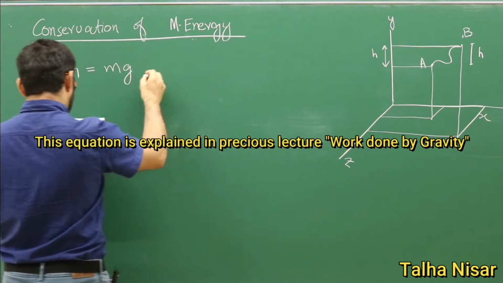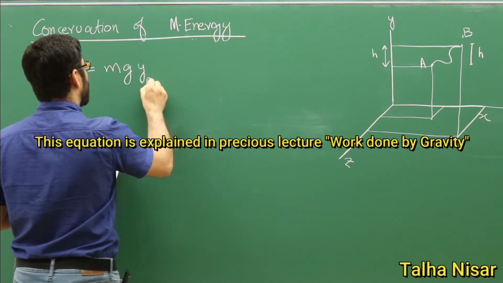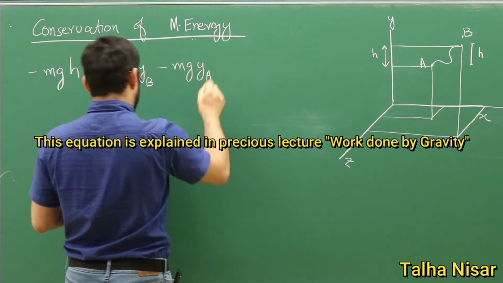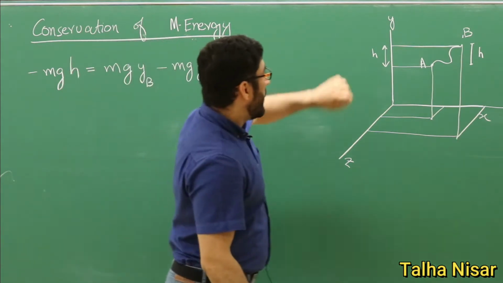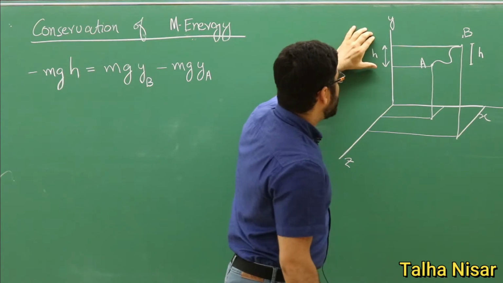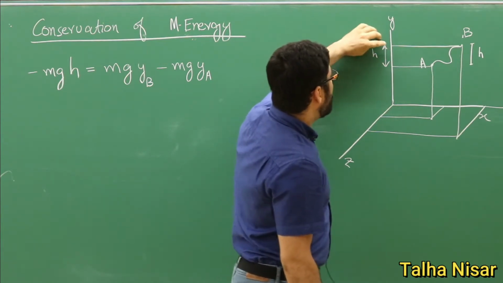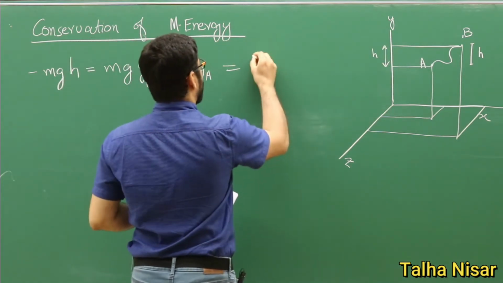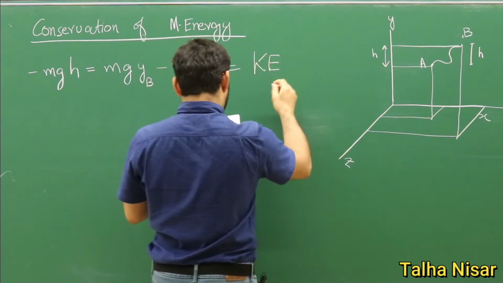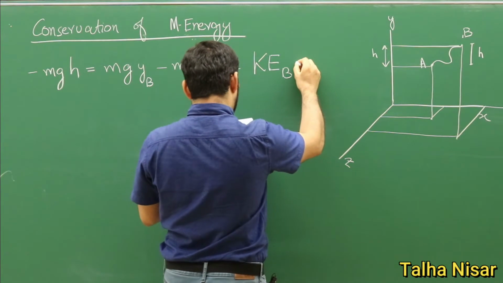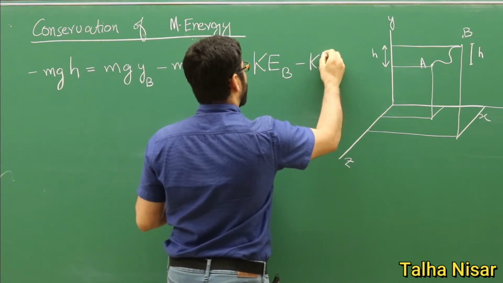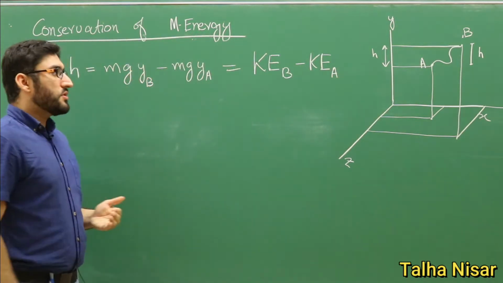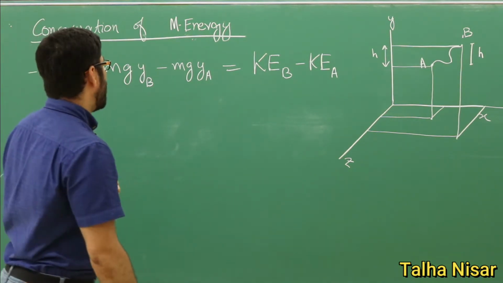mg y of B minus mg y of A. So this distance h is equal to y of B minus y of A, and this is equal to the kinetic energy at point B minus the kinetic energy at point A. And this is the expression that we got when we were talking about the work energy principle.